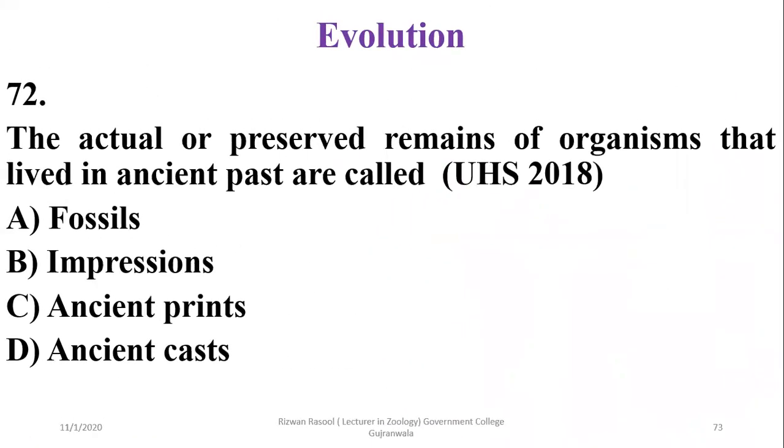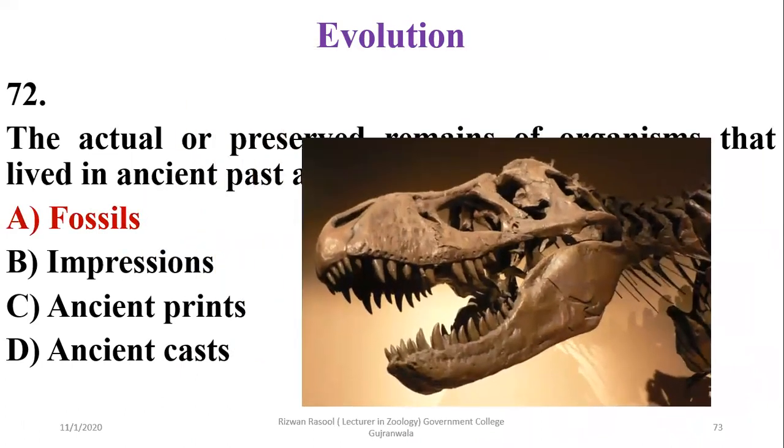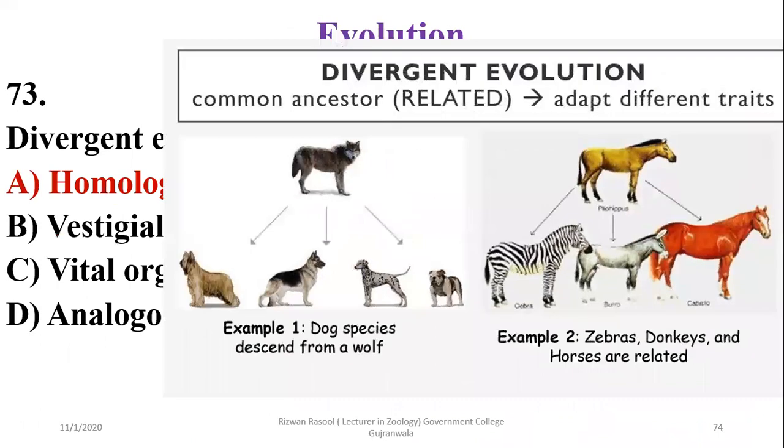Number 72. The actual or preserved remains of organisms are termed fossils and they indicate the past life. Divergent evolution produces homologous organs, where a common ancestor is modified to form different descendants.